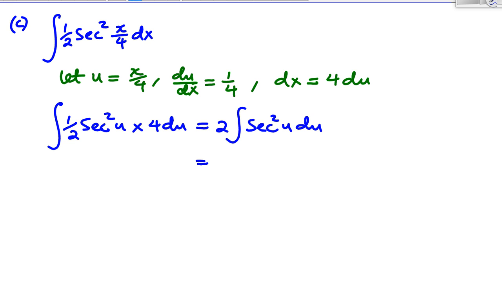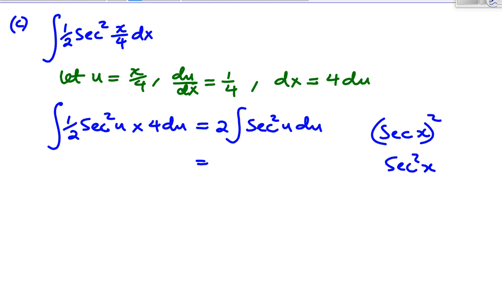Now the integral of secant squared, from the previous table that I showed you, the secant squared x, some people call it secant of secant squared x, but that's basically what it means.